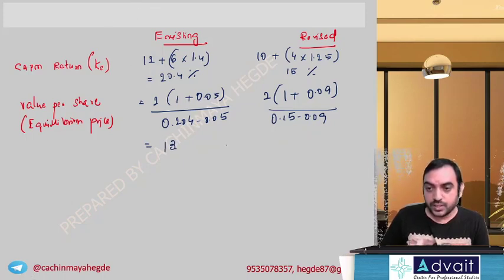First one 13.63, and the second one, 2 into 1.09 divided by 0.06, is 36.33.